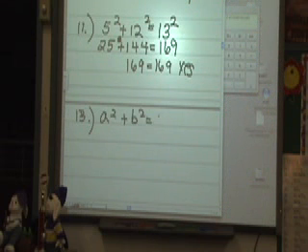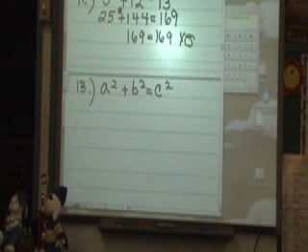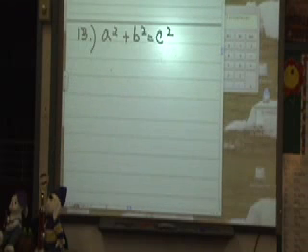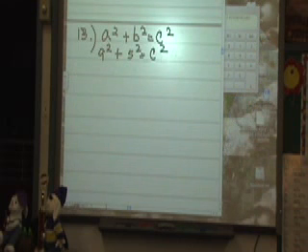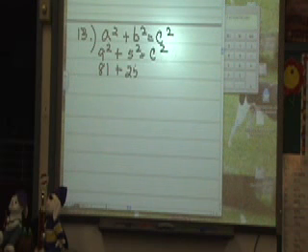Copy the formula down. What are you going to put in for A and B? A is 9 squared plus 5 squared has to equal C squared, the wire's. 9 squared is? 81. And 5 squared is? What's 81 plus 25?